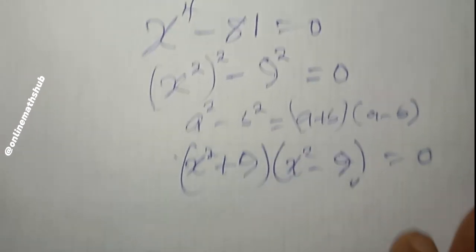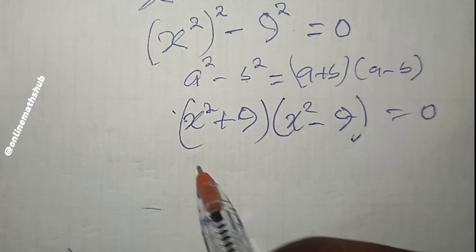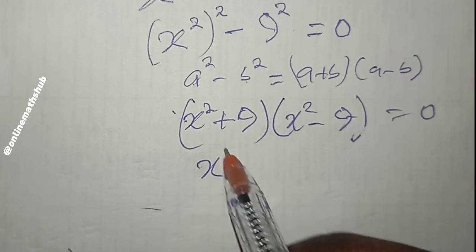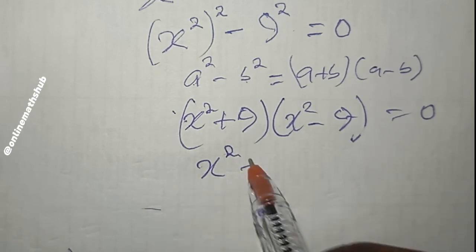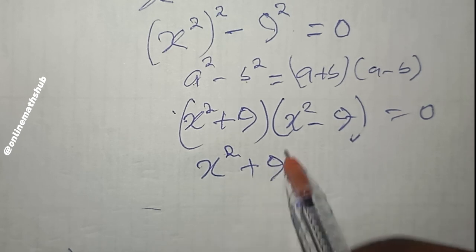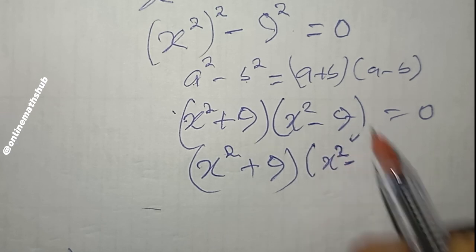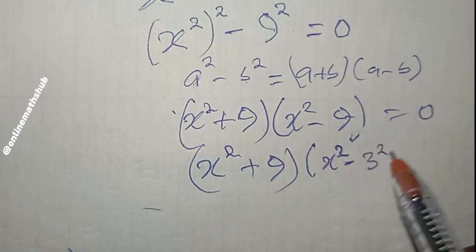And then moving forward, we can also simplify the second bracket. So I put this as it is, x squared plus 9, and then this is x squared, I can actually write this 9 here as 3 power 2.